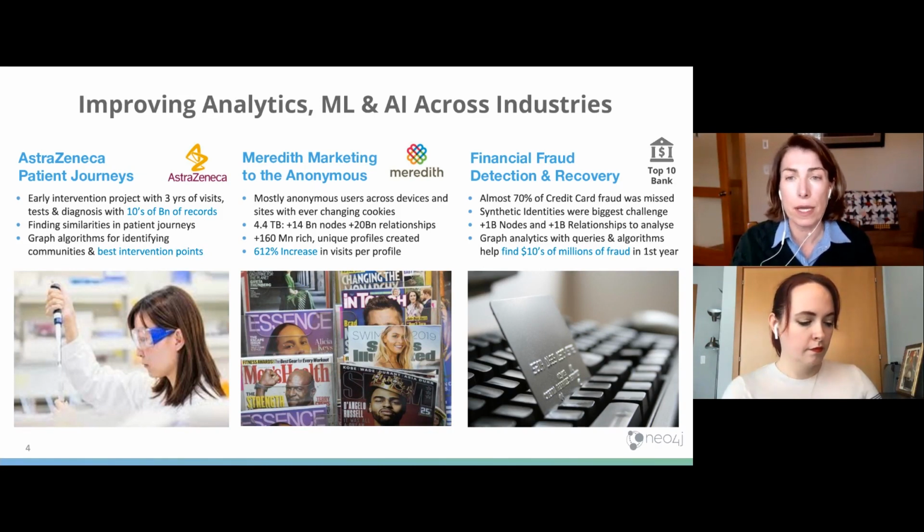And then another example with an anonymous customer is a top 10 financial bank. They were looking for fraud, in particular credit card fraud. And in this case, they were missing almost 70% of their credit card fraud because of synthetic identities. And so that's where you're combining real and fake information.